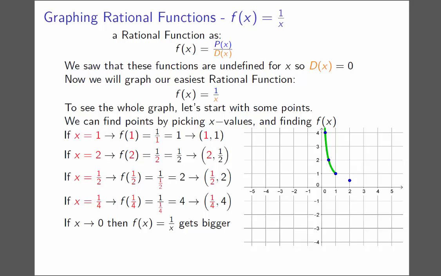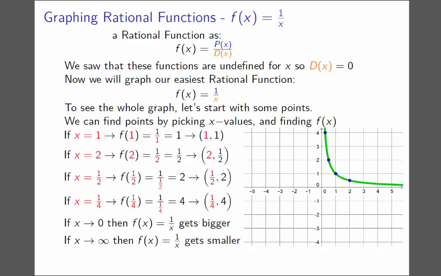On the other hand, if x goes off to infinity, x is getting bigger and bigger, then 1 divided by x gets smaller and smaller, because the larger the number we divide by, the smaller our fraction is. So we can fill in the right-hand side of our graph as well. Our function gets closer and closer to 0 as x gets bigger and bigger.